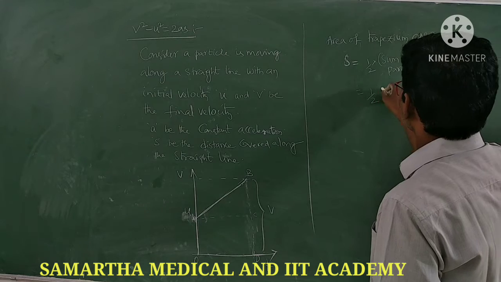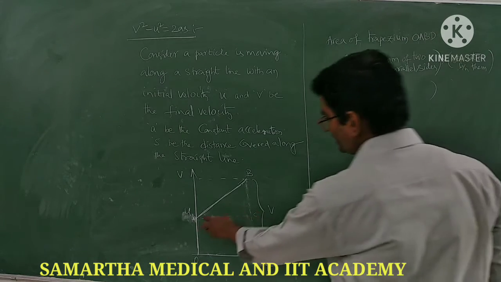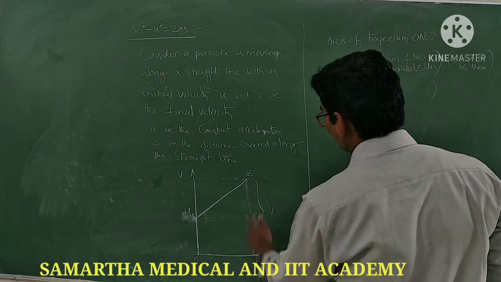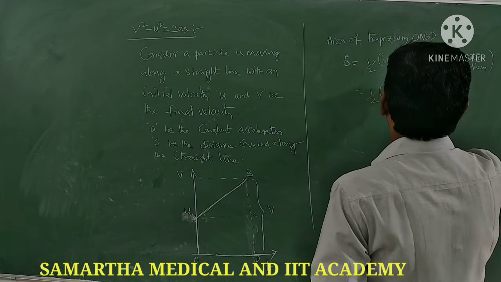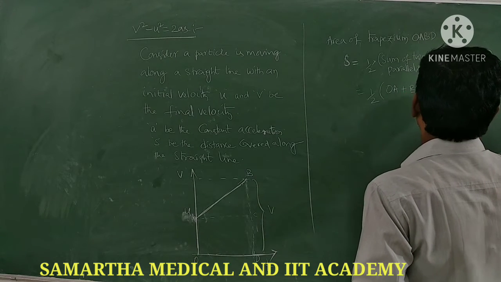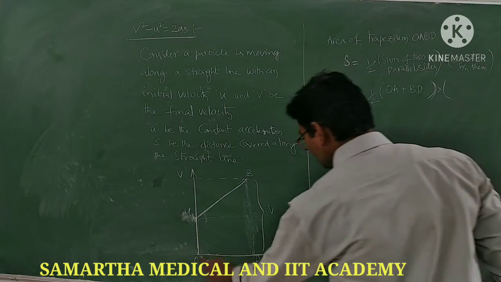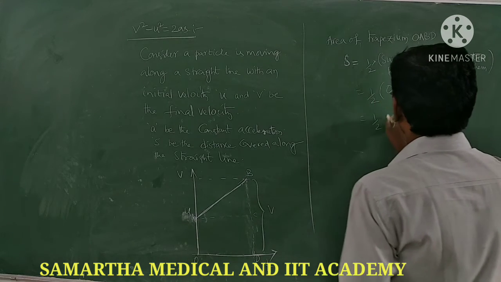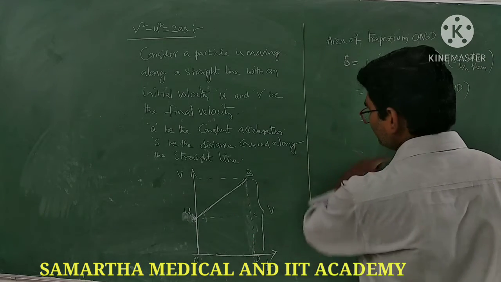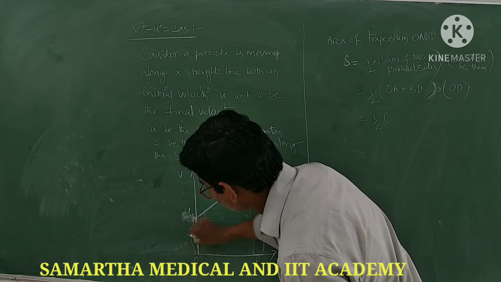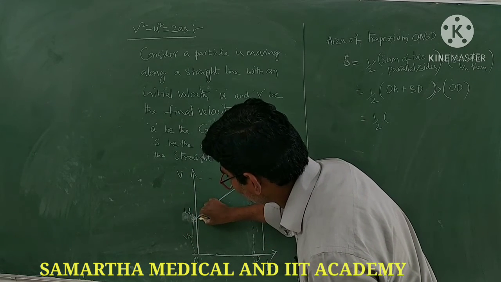So half into OA plus BD into OD. OA is u; from here to here the velocity is u.